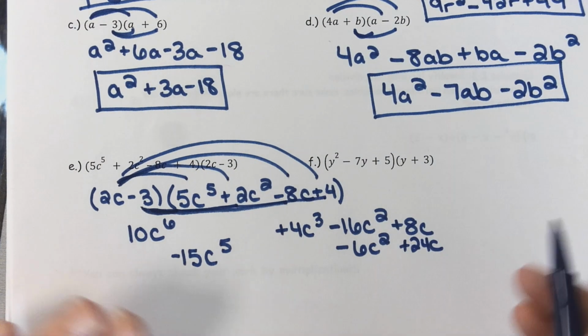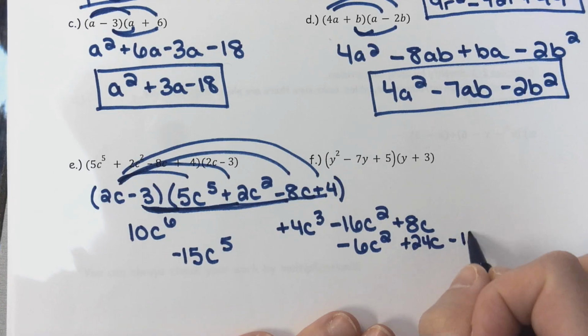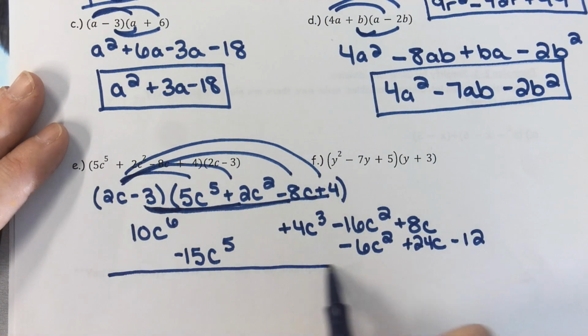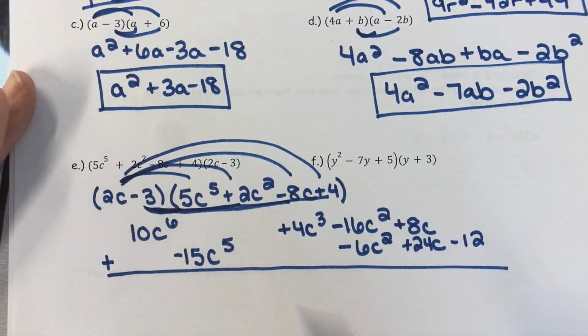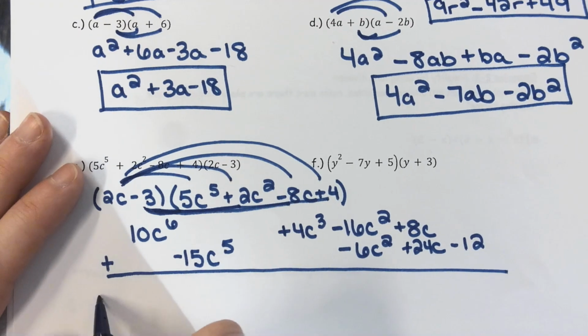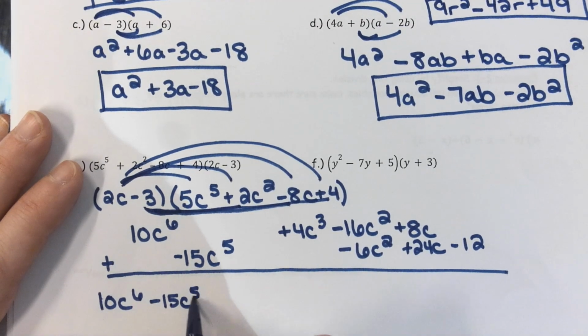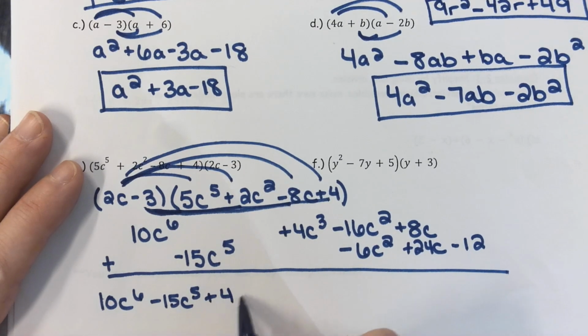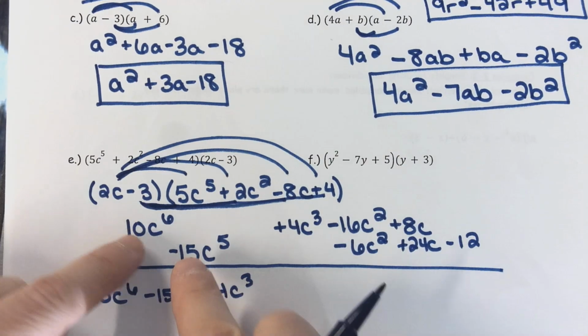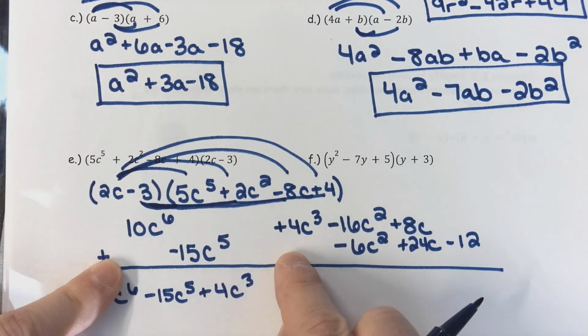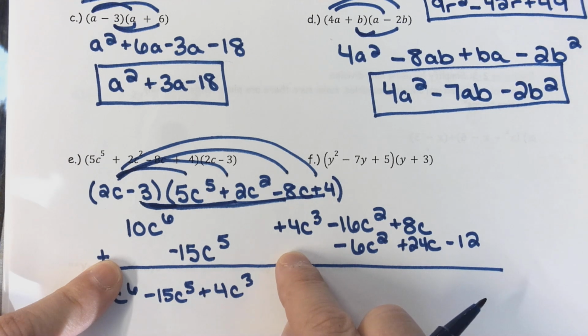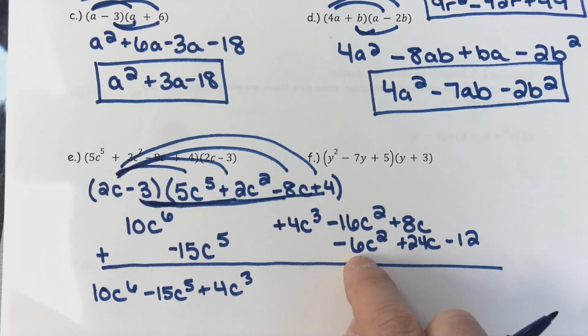And then negative 3 times 4, negative 12. And I used my space for part F. Oh, well. All right, we've got 10c to the 6th minus 15c to the 5th plus 4c to the 3rd. Notice I'm not adding or subtracting anything yet because do any of those have like term buddies? No. Now I get into some like term buddies.